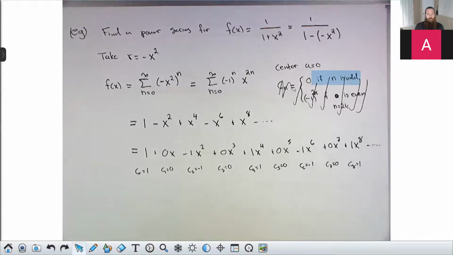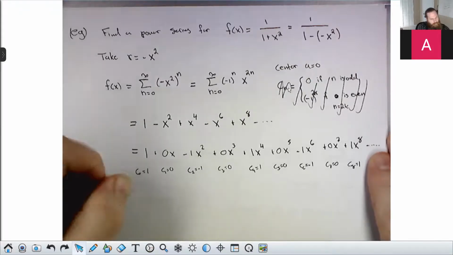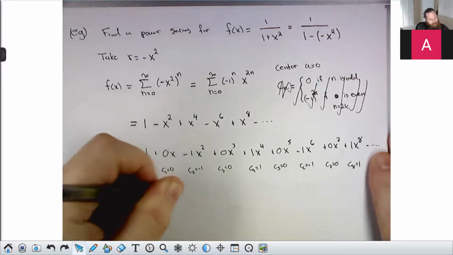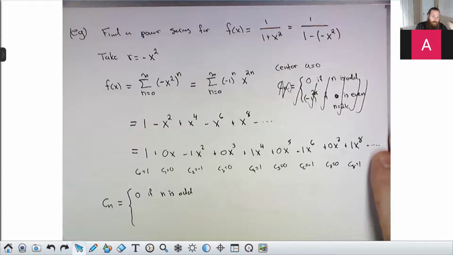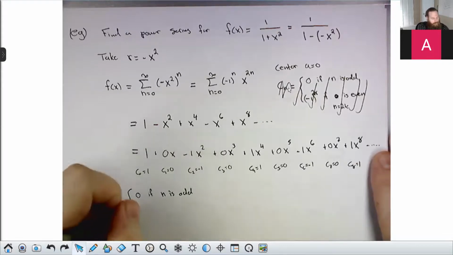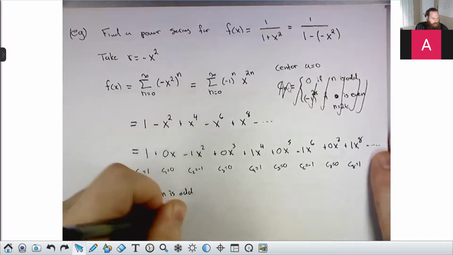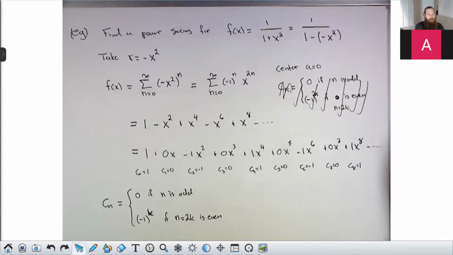You get where I was coming with this, right? cn is 0 if n is odd. c1 is 0, c3 is 0, c5 is 0, c7 is 0. And on the evens, it alternates. So I would say that it's negative 1 to the k if n equals 2k is even. Strictly speaking, those are the coefficients here.